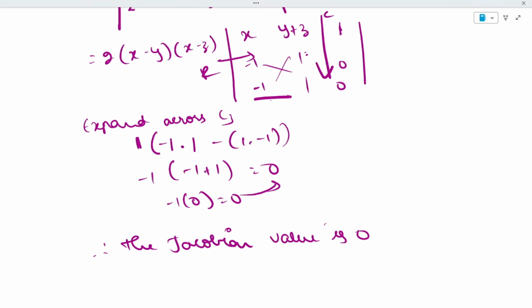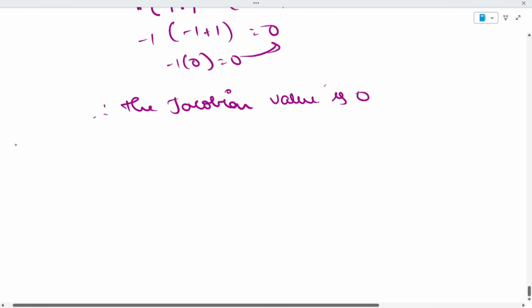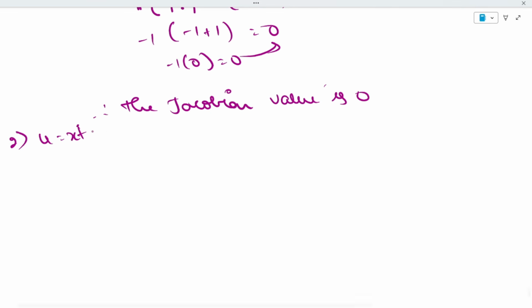Now the next question is also the same method. I'll be saying what the question is, you can solve it. Okay, u will be equal to x plus 3y square minus z square. V will be equal to 4x square yz, and w will be equal to 2z square minus xy.